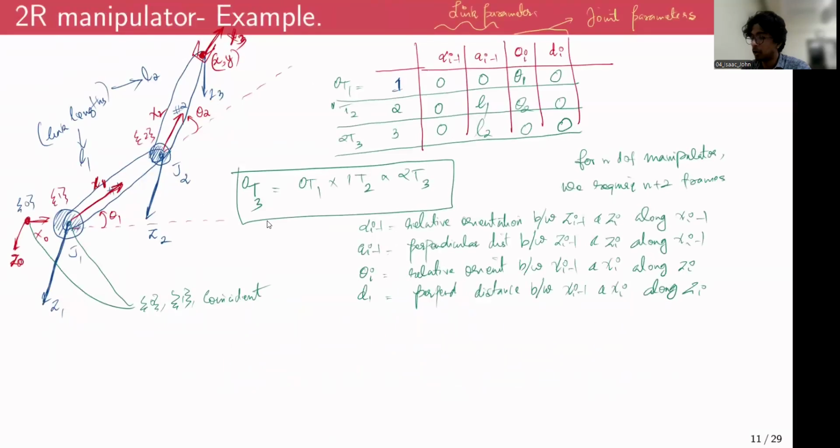And once you have obtained all the sequential transformations, 0T1, 1T2, and 2T3, you multiply them together sequentially so that you will be able to get the transformation from the 0th frame to the third frame. I hope that is clear.